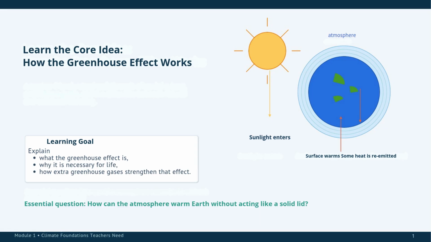First, what the greenhouse effect is. Second, why it's necessary for life. And third, how extra greenhouse gases make Earth warm more than it normally would. Our essential question for this lesson is, how can the atmosphere warm Earth without acting like a solid lid?